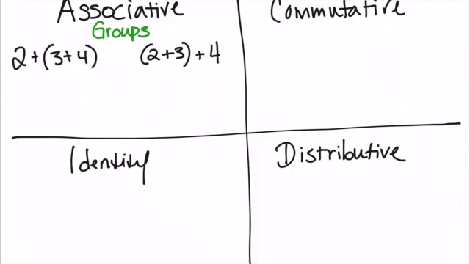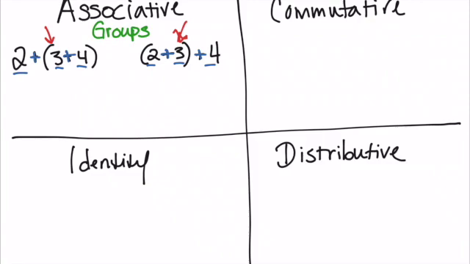My numbers are in the same order, 2, 3, 4, and I'm dealing with adding the whole time. I didn't change that. So when I keep my numbers in the same order, and I'm dealing with all adding or all multiplying, and I just change what's in the parentheses, okay, that is called the associative property.